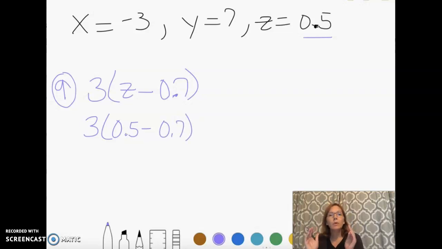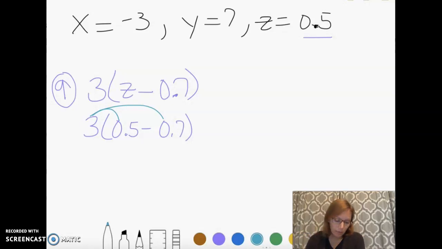You can do parentheses first, like order of operations says. So we could do 0.5 minus 0.7, which is how I'm going to solve it because that just makes more sense to me. Or you can use the distributive property and multiply the 3 by everything inside and then combine the terms after you've multiplied. So I'm going to combine first, parentheses first, and then I'm going to multiply.